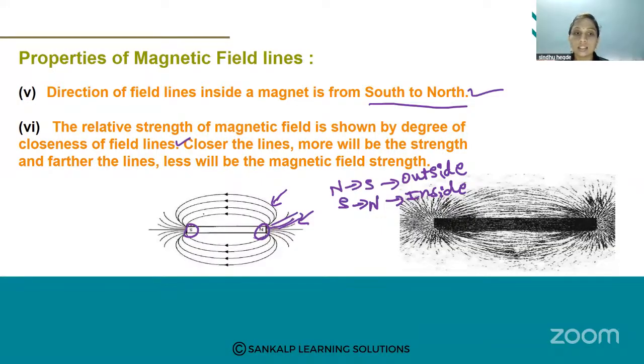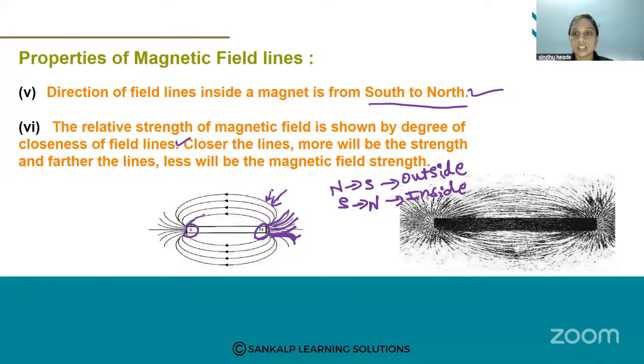See here, on the outer side the closeness is very, very less, but on the pole side the magnetic field lines are generated very near to each other, right? See this, they are very, very close to each other. What does it tell? It tells that the strength is more in the pole as compared to outside of the magnet. That is the meaning. So this is another important property of the magnetic field lines.